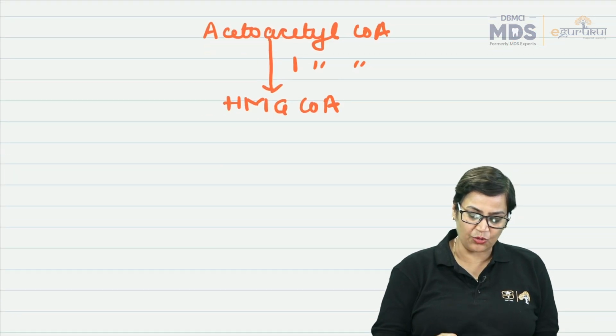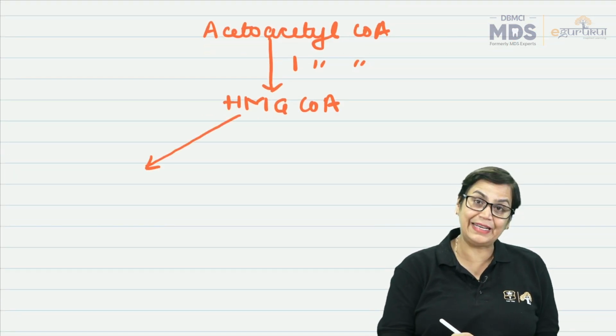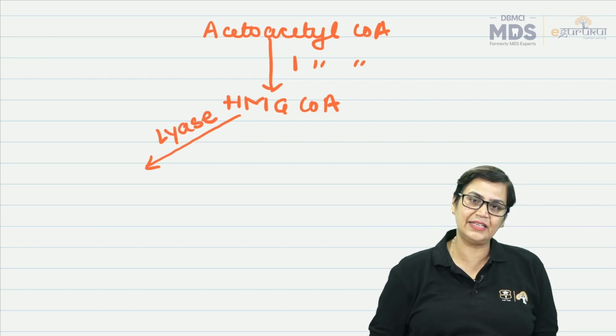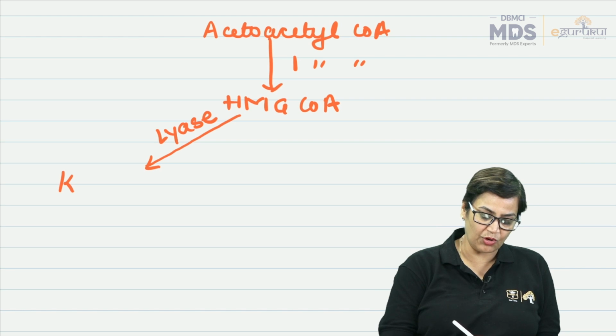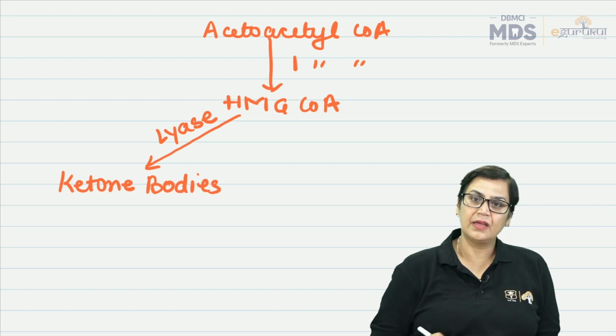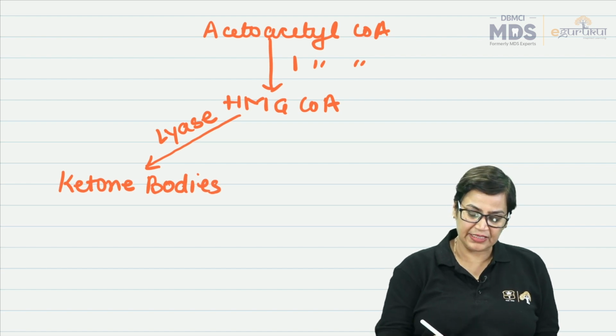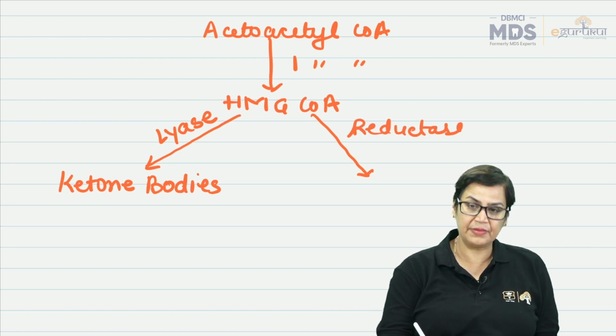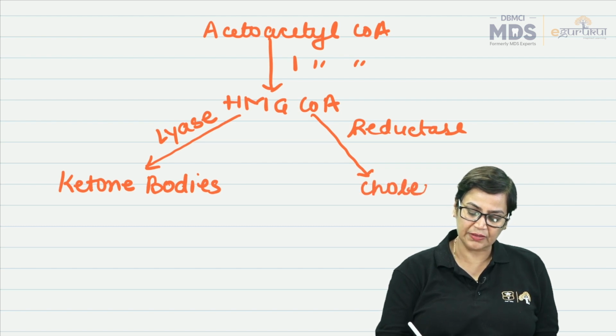And this HMG-CoA, if it undergoes splitting, that means the enzyme is HMG-CoA lyase, it forms the ketone bodies. And if this HMG-CoA undergoes a reduction, the enzyme is reductase and it forms mevalonate or cholesterol.